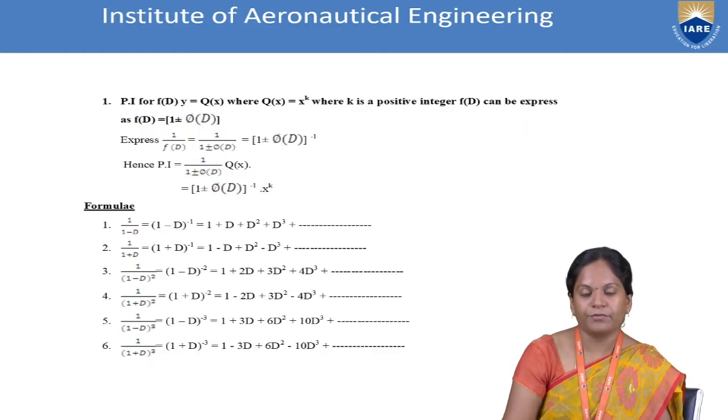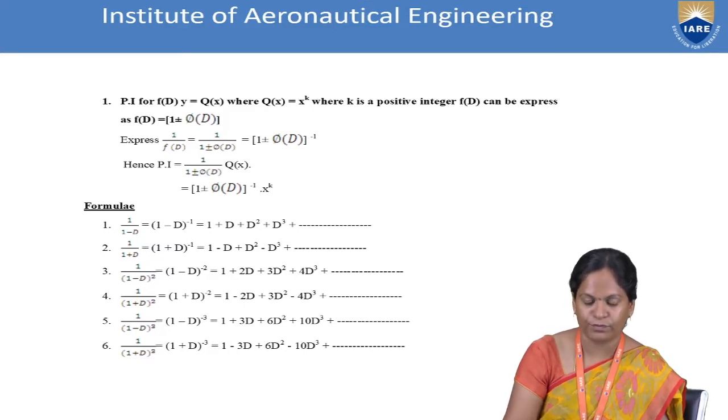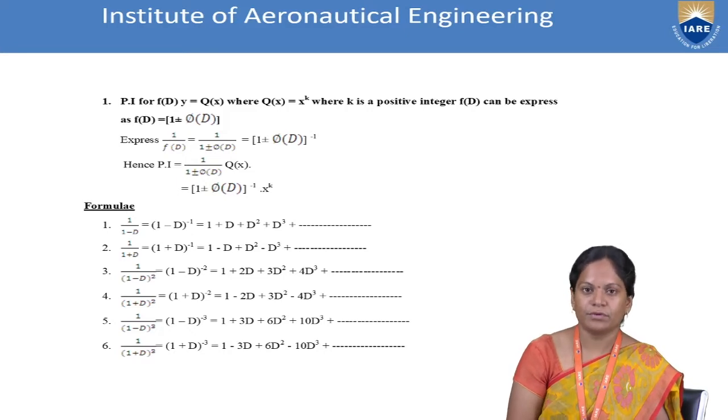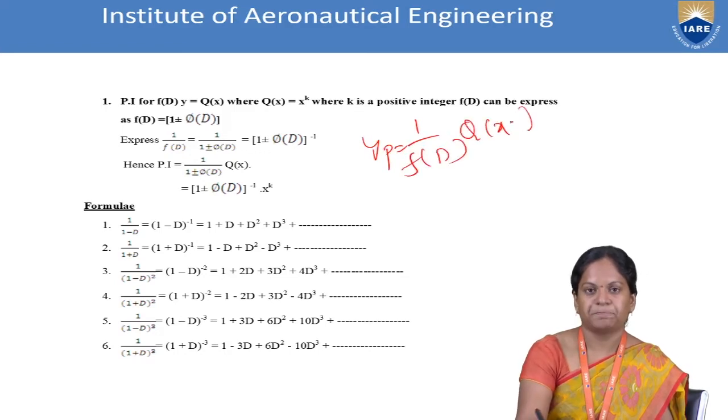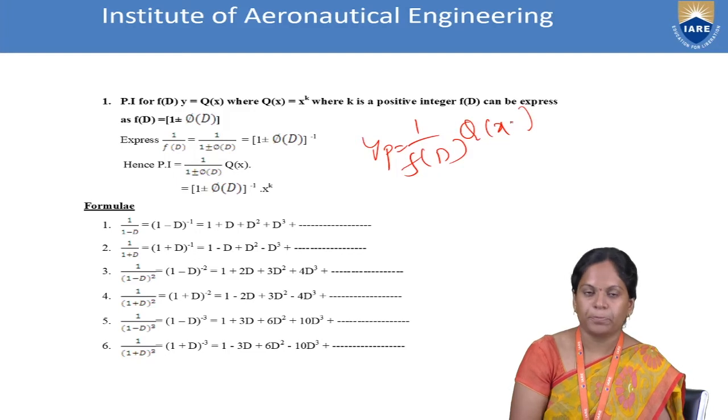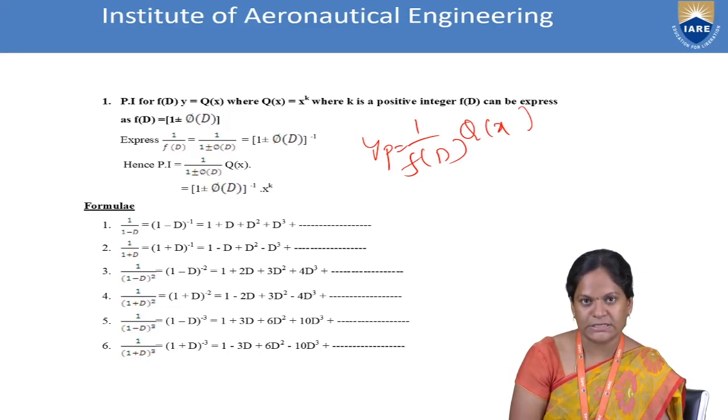Now we have to find yp where Q of x equals x power k. What is the method and how do we find it? Now in this session we are going to discuss that. Generally, the particular integral of a given f of D into y equal to Q of x is yp equals 1 by f of D into Q of x. f of D is the operator form of the given differential equation, and Q of x is x power k, where k is not equal to 0, which is a compulsory condition.